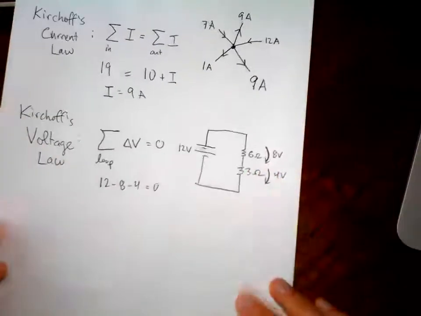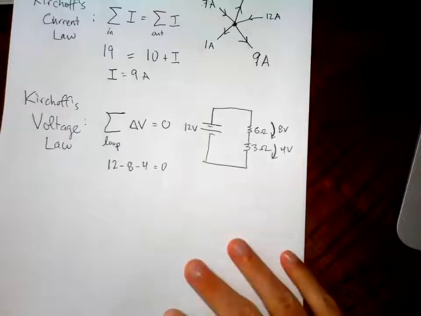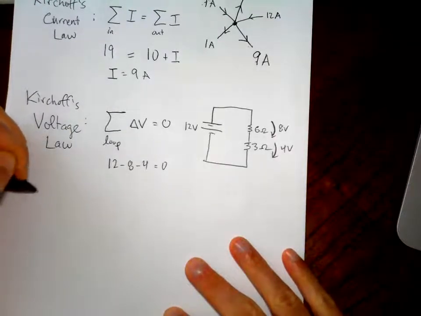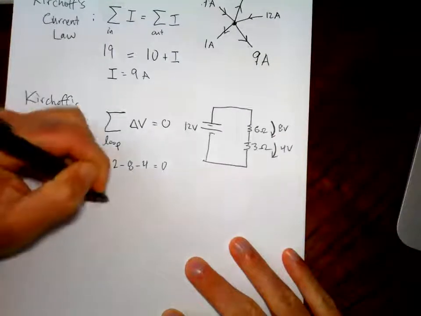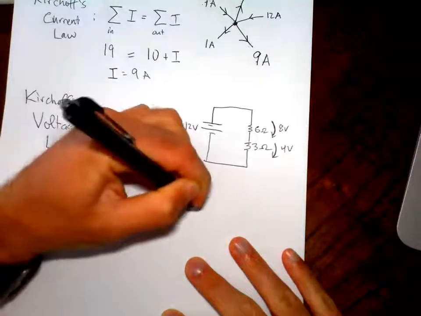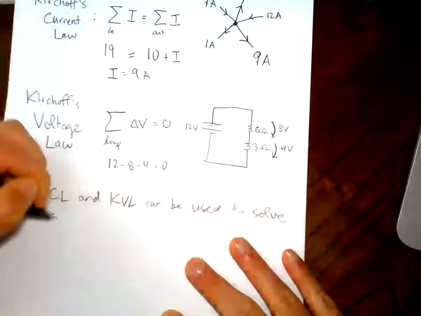Okay. So we're going to use this. It turns out that Kirchhoff's voltage law and Kirchhoff's current law, which I call KCL and KVL, can be used to solve any circuit.